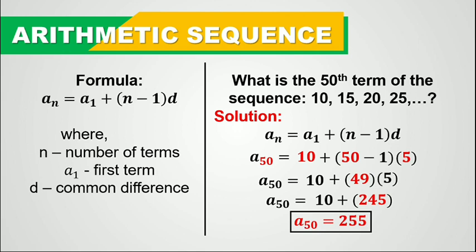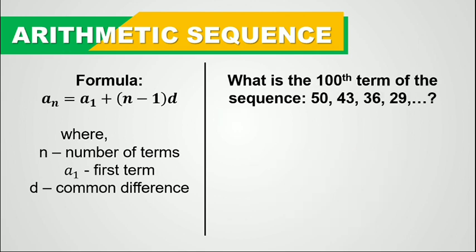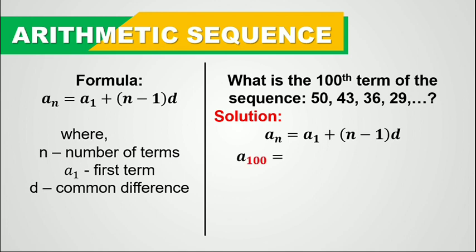Now what about this one? Let's have one more example. What is the 100th term of the sequence 50, 43, 36, 29? So again, just use the formula. a sub n is equal to a sub 1 plus n minus 1 times d. So a sub 100, because that's the order of the term we need to find.